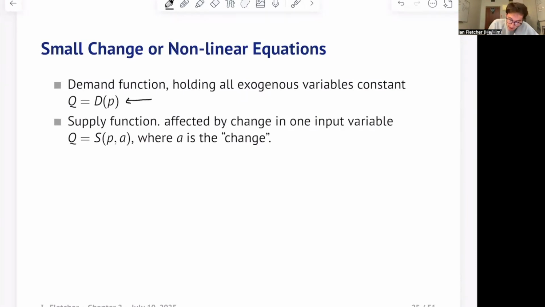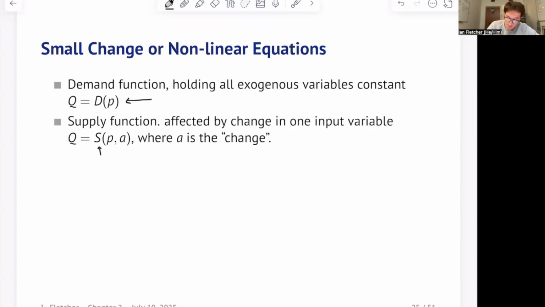Okay, now let's say that our quantity supplied depends on price. And typically, remember, we said that it also depends on the price of the complements. Let's say that A is just some other component that plays in. We can call it a supply curve shifter, we can do whatever, but let's just call it the change. A is going to change, right?